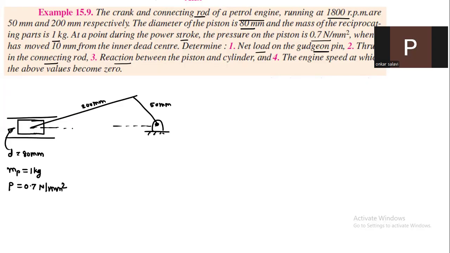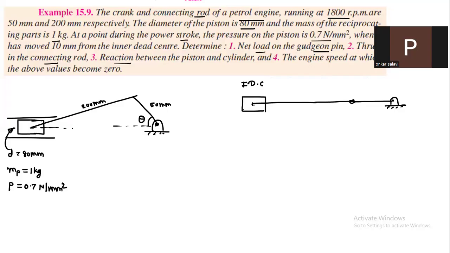So when the piston has moved 10 mm from the inner dead center, we have to find out the value of this angle theta. Okay, so this is the initial construction. So this is IDC.